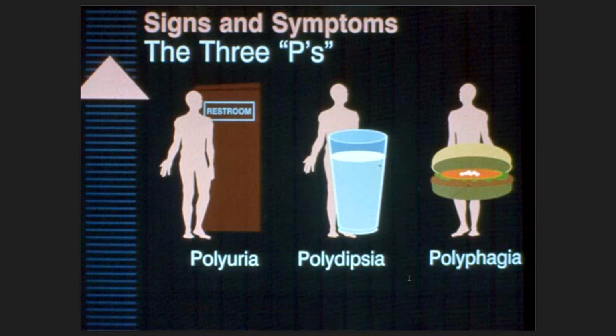Whether diabetes is primary or secondary or inherited, all of them have the same clinical presentation. Polyuria, polydipsia, weight loss, and polyphagia. Polyuria means a lot of urination, frequent urination.